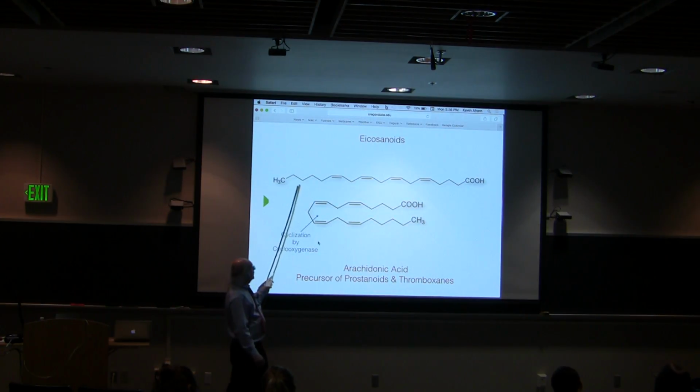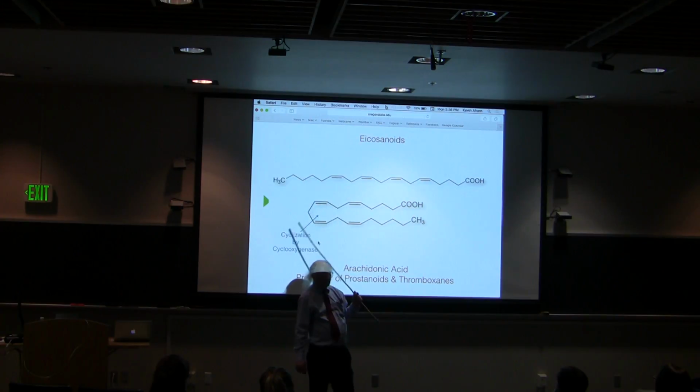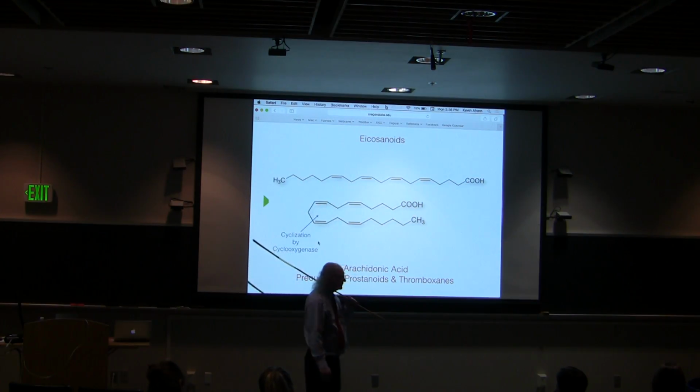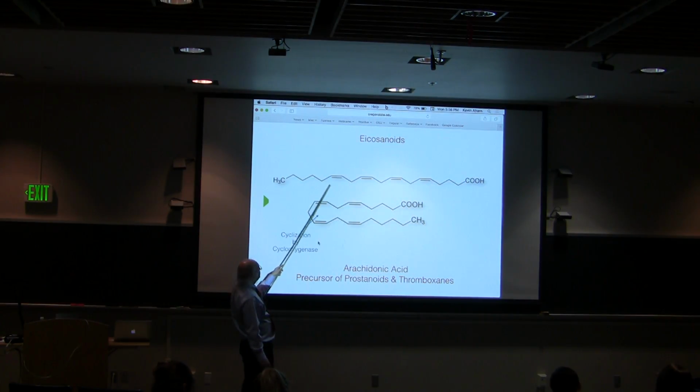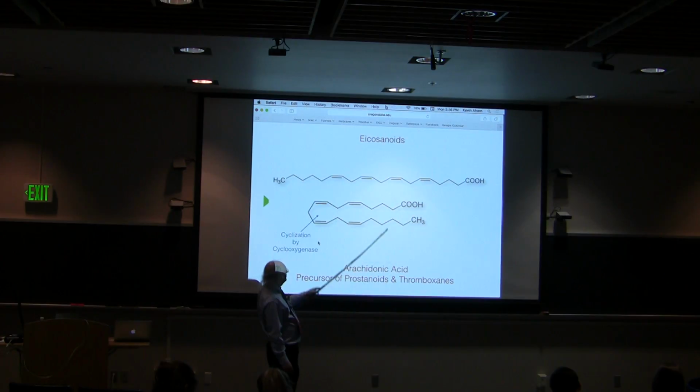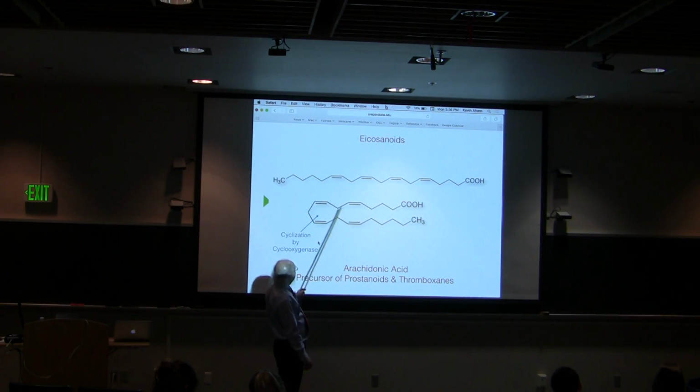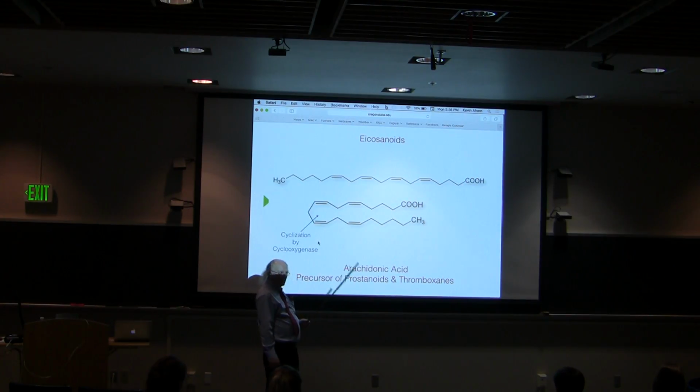Eicosanoids are 20 carbon compounds that are made from arachidonic acid. The arachidonic acid contains 1, 2, 3, 4 double bonds. All those double bonds are in the cis configuration, as you can see there. We can take the same molecule and draw it like this. And I draw it like this because it looks like what become prostaglandins, which are one of the types of eicosanoids.